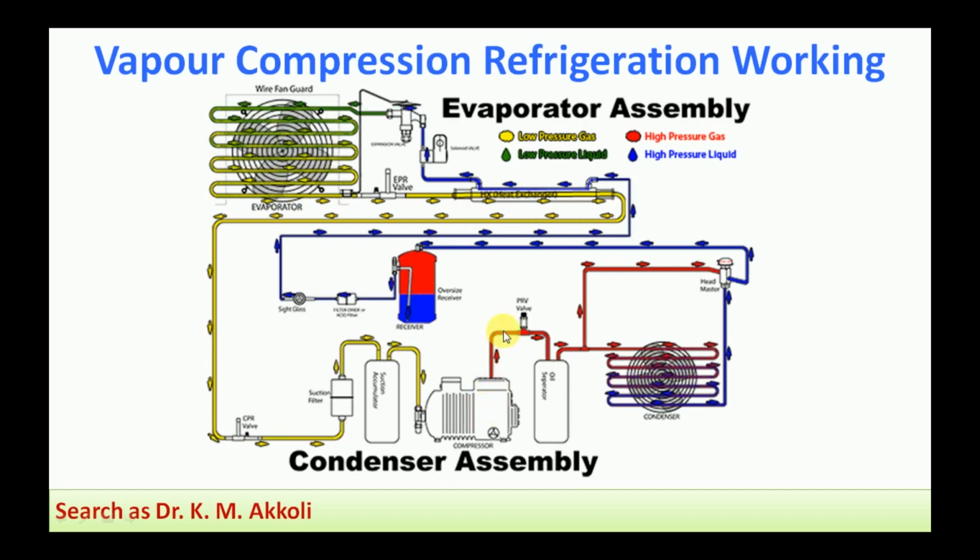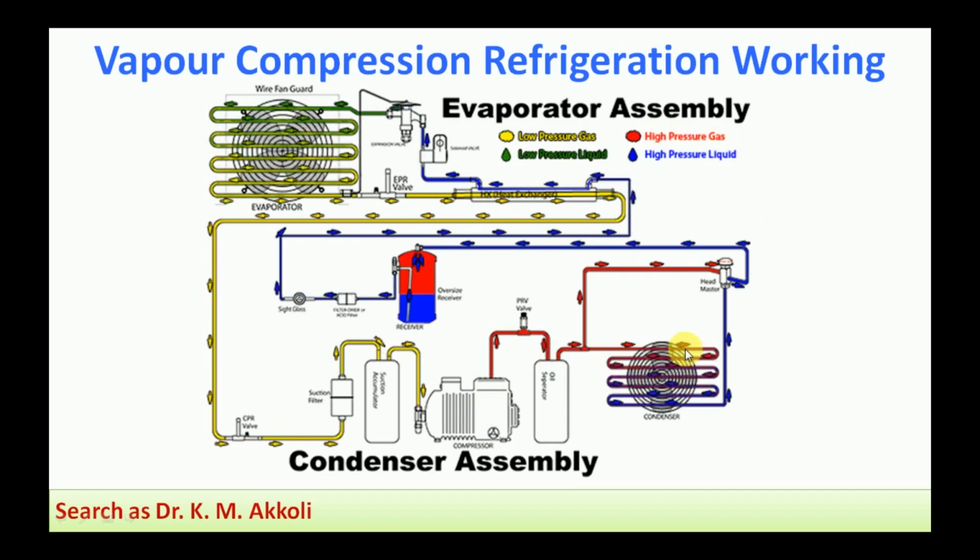This high pressure and high temperature refrigerant gas goes to the condenser. Here we can see the high pressure gas goes to the condenser, which is a heat exchanger. It rejects the heat to the outside atmosphere, and due to the higher pressure, it becomes a liquid by condensing.